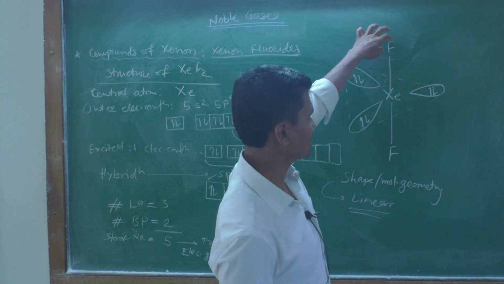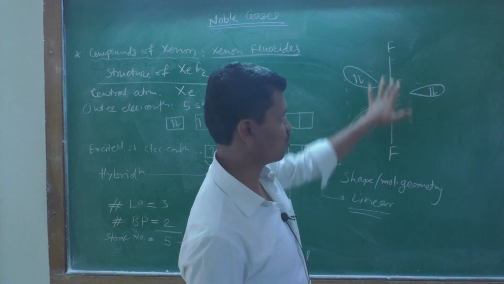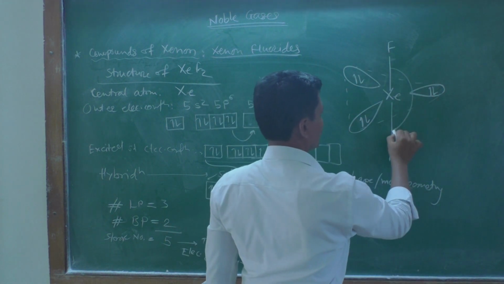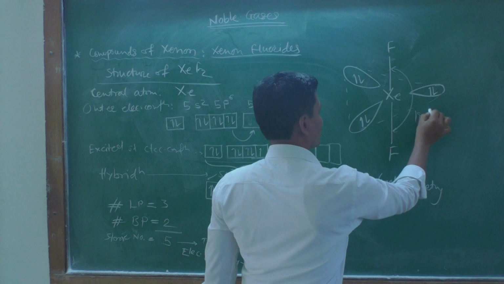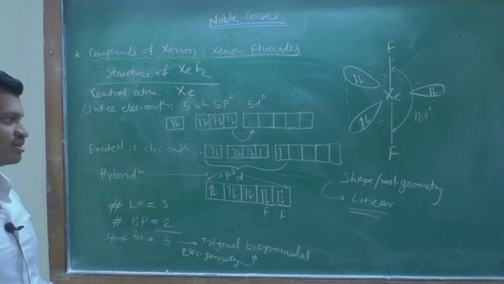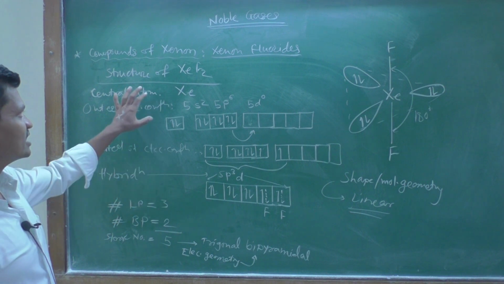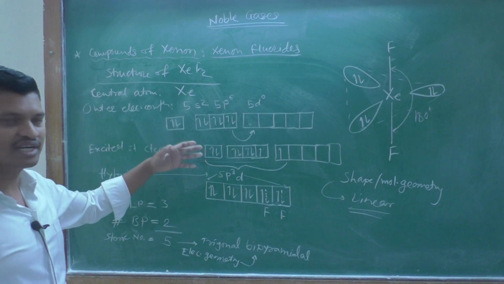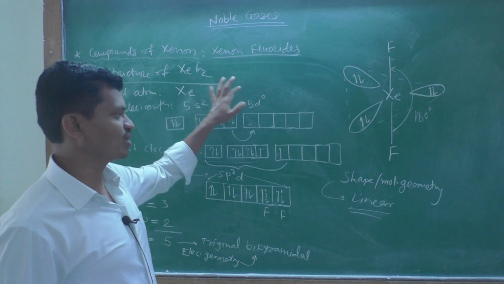The molecule is linear, F-Xe-F, with a bond angle of 180 degrees. Okay, so this is all about xenon difluoride. I have explained in detail the formation of this xenon difluoride molecule.